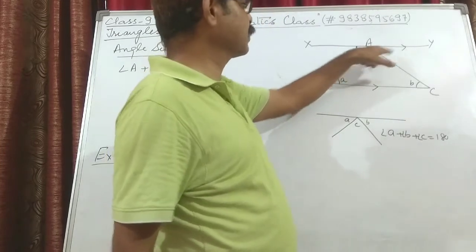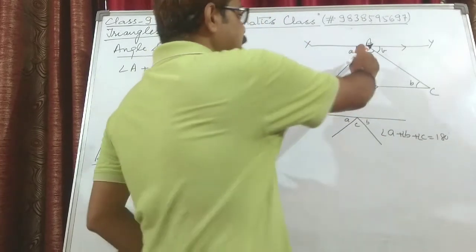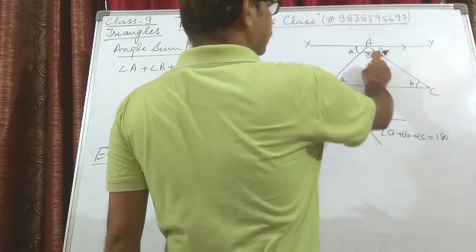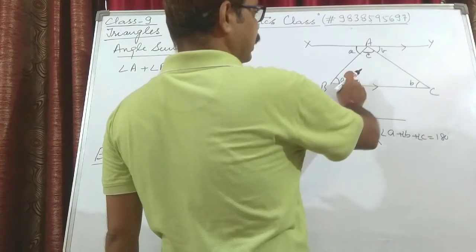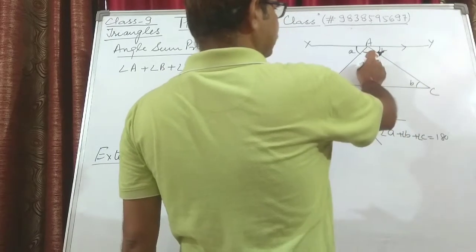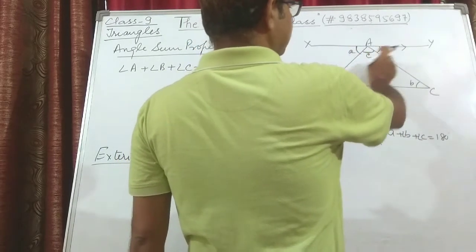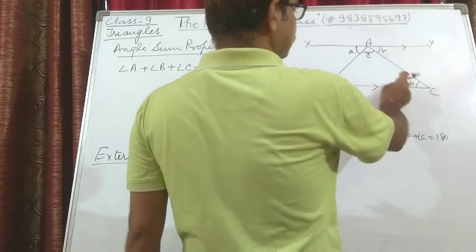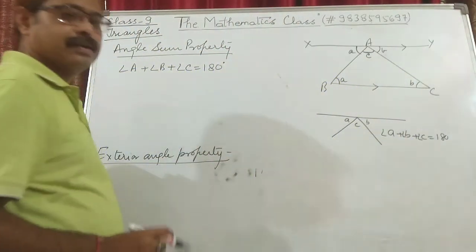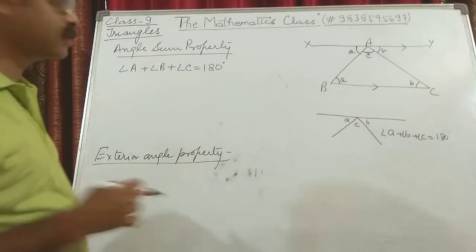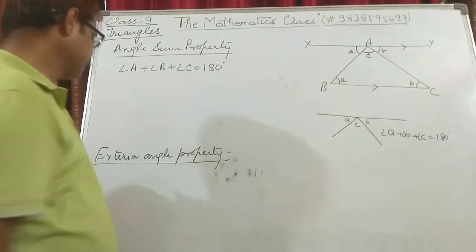Same in this triangle: since this is A, this is also A, this is B, this is also B, and this is C. So A plus C plus B is 180. So we can say that in any triangle, the sum of all the three angles is 180 degrees.